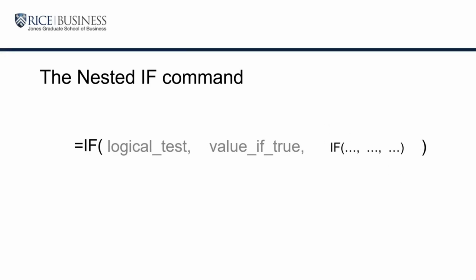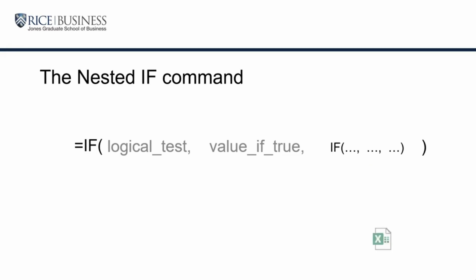So my syntax becomes equal to if, open parenthesis. I first evaluate the logical test. Based on the logical test, if it is true, I put in a value. If it is not true, rather than putting in a value, I execute yet another if command.